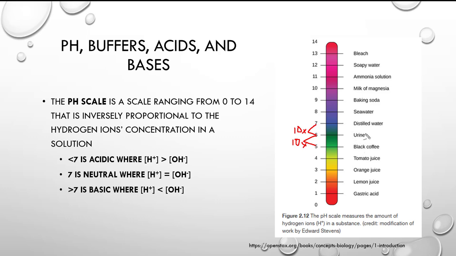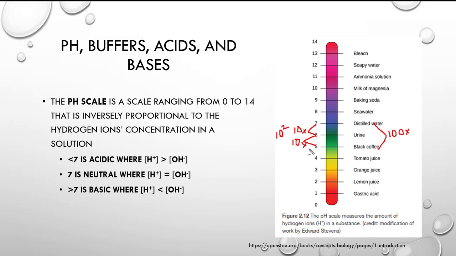If I'm comparing black coffee to distilled water, then I'm looking at 10 times 10, or 100 times more, since we're going twice, so 10 to the second power. Every time you move up or down the scale by 1 point, you're changing the concentration by a power of 10.